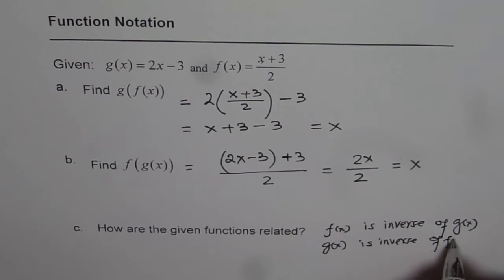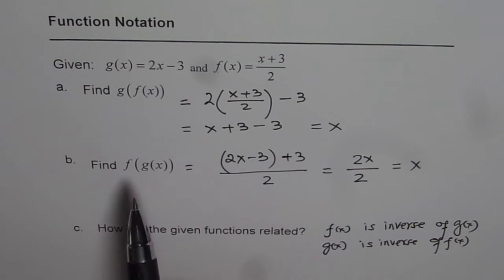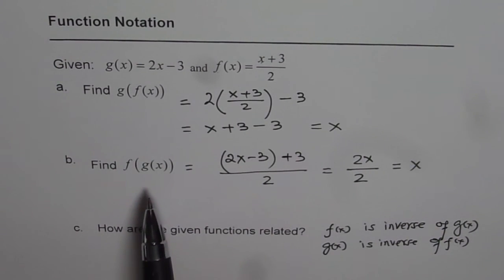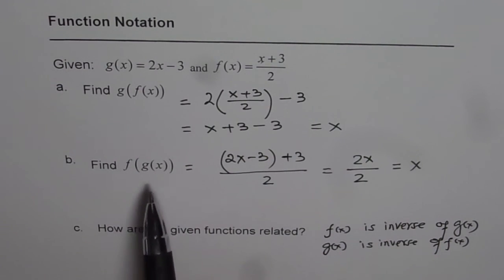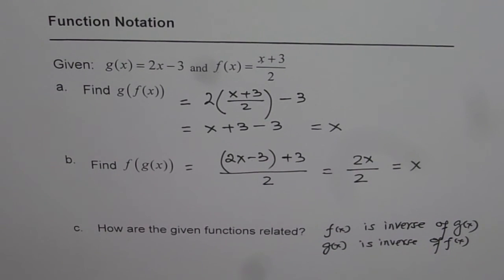What I'm trying to say here is if two functions are inverses of one another, then g of f of x and f of g of x will always be just x. So that's the learning we get from here. I hope that's clear. Thank you and all the best.